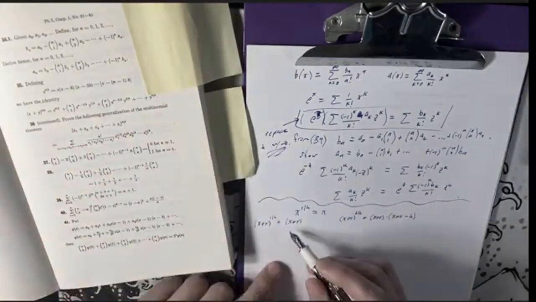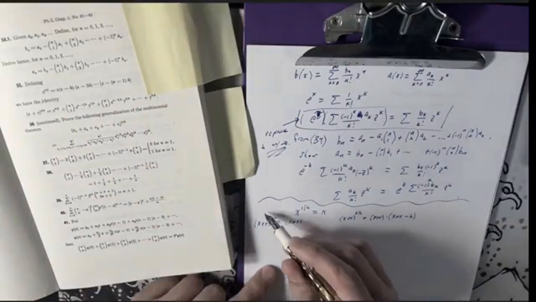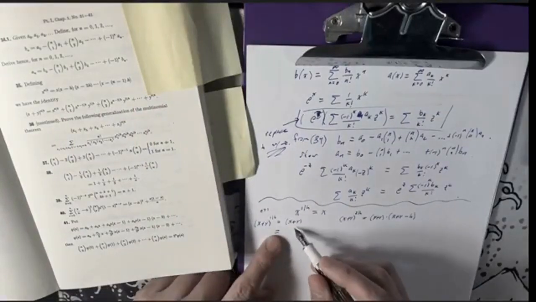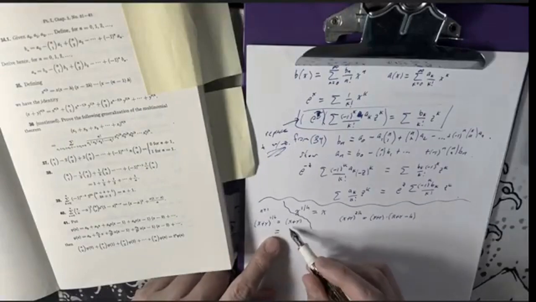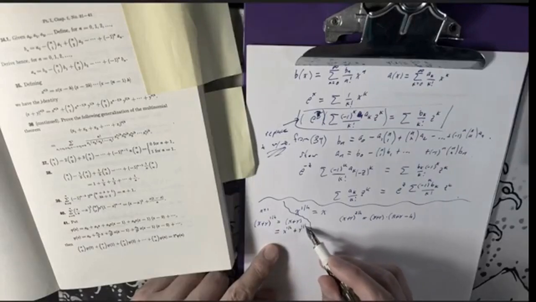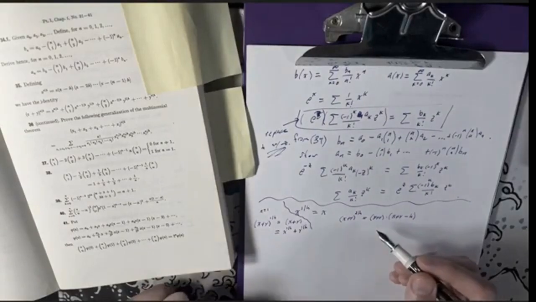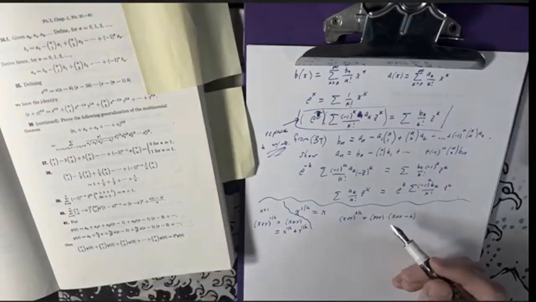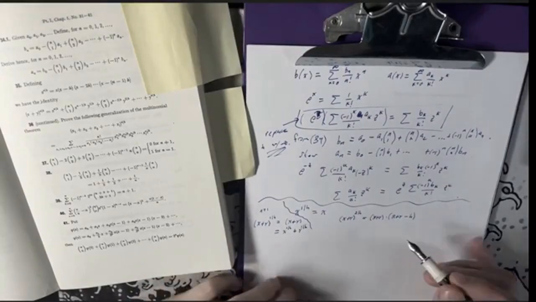Well, first of all, notice that it's true for 1. This is the case of n equals 1. Notice that you're getting x to the 1 h plus y to the 1 h. So it was true just for the n equals 1 case.